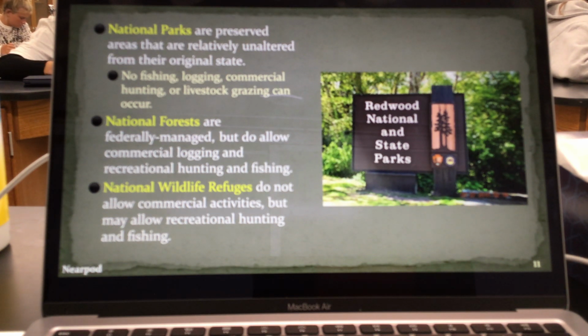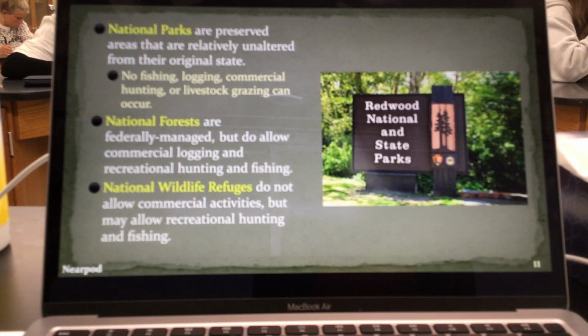Who knows of a national forest that we have in Indiana? Anybody name a national forest that we have in Indiana? Anybody, somebody. Show me you're alive. Help me out. Do we have any national parks in Indiana?